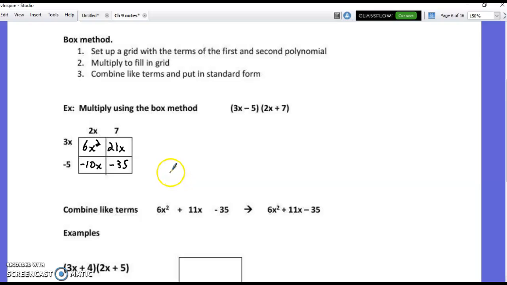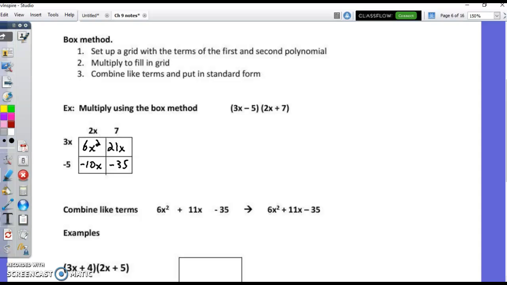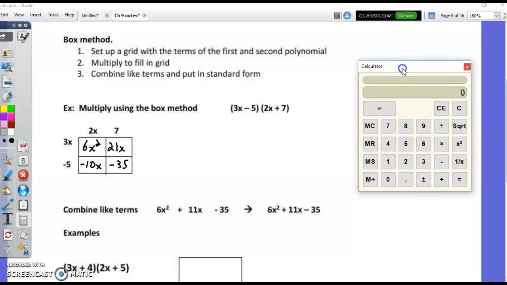The biggest thing when you're setting up these boxes is to make sure you're putting the correct signs with the correct term. So this is a negative 5, so make sure you have that negative 5 listed out there. All the rest are positives. So now as we look at these, you can see we're going to list this right into standard form.